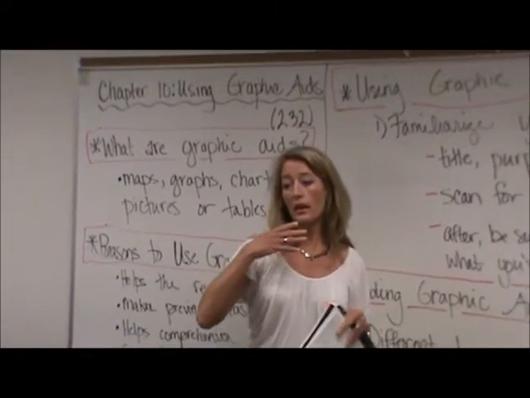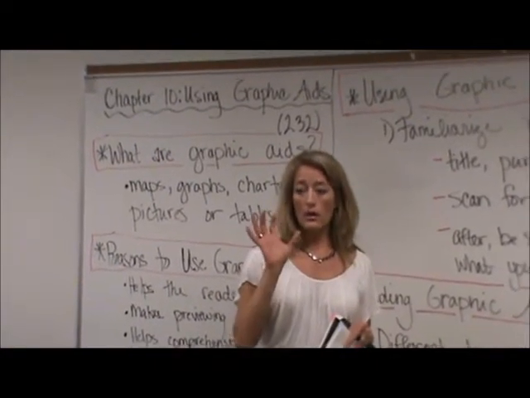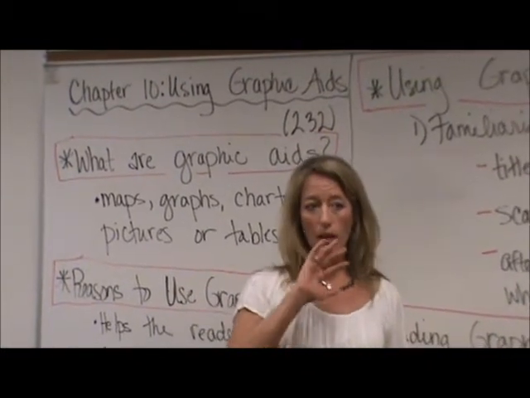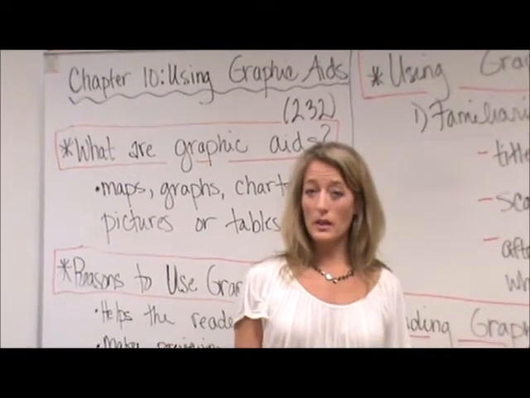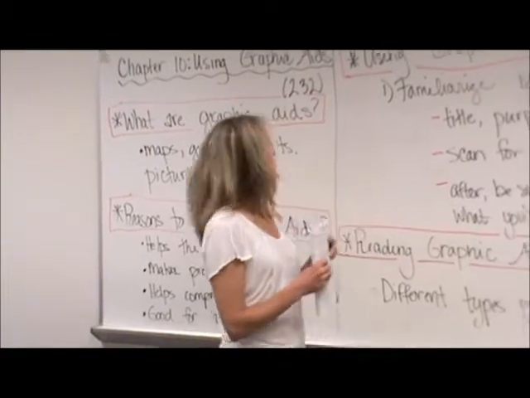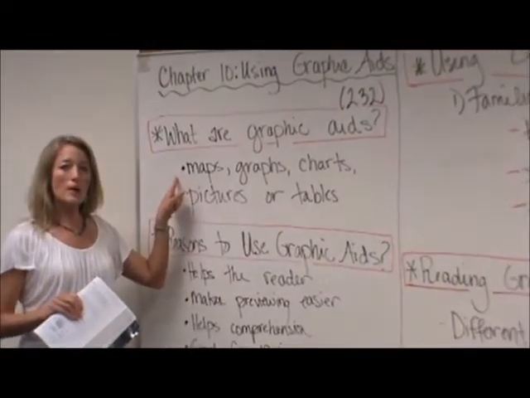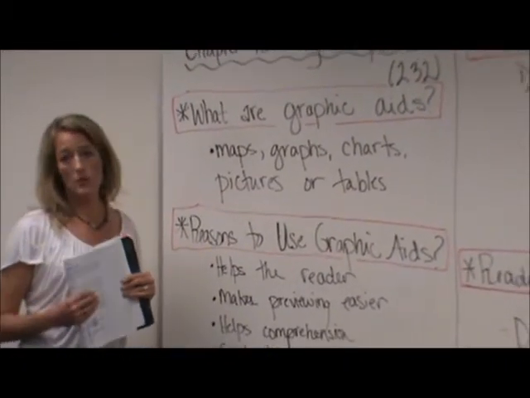Well, if you think about words as text, graphic aids are going to be any kind of picture, any kind of extra information that's given not with words. There might be words in it, but it's information given to you in another form besides words, usually a picture. Examples might be maps, graphs, charts, pictures, or tables.